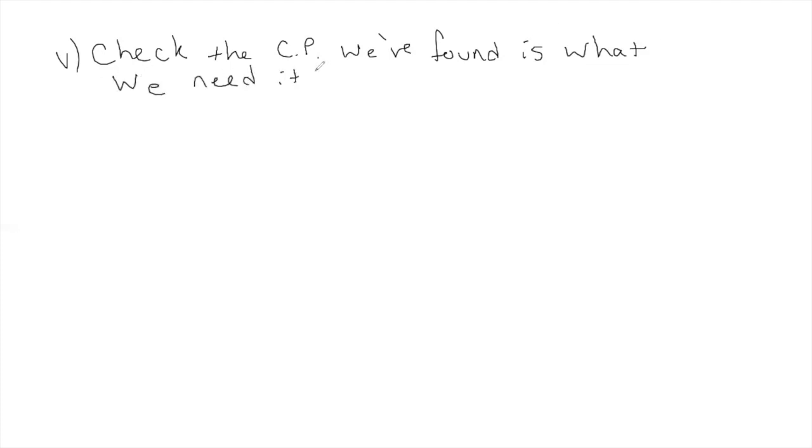But we need to check that the critical point we've found is what we need it to be, and in this case, a max, right? If it's a max, then it's an absolute max in this case.